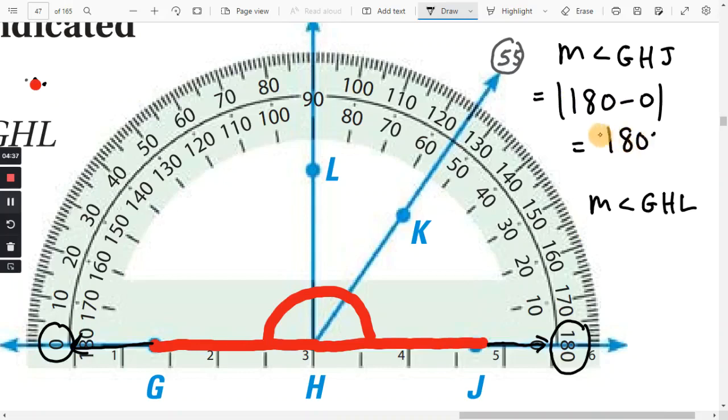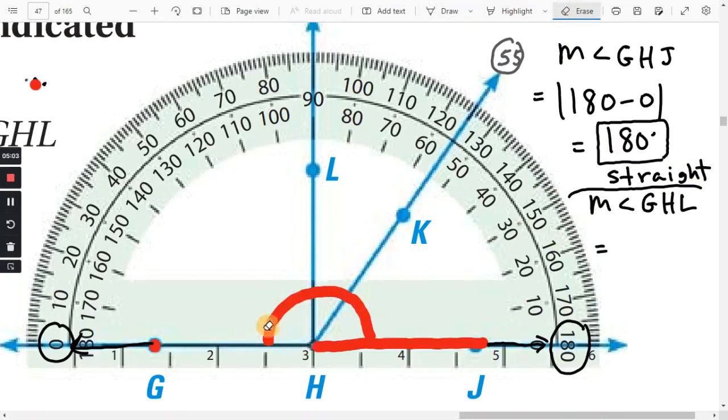And that's in degrees. All right, what kind of angle is 180? That's a straight angle. Easy to remember because it makes a straight line. And basically, it's half of a circle, so half of 360, it's 180.